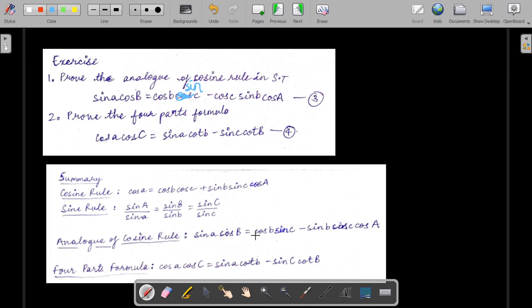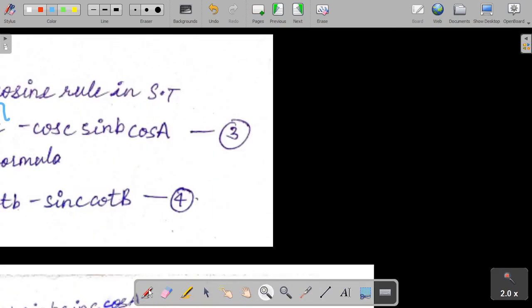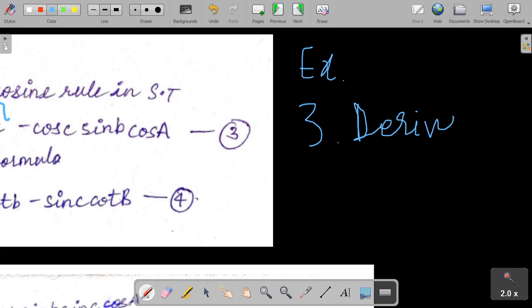And another exercise which I would like to add: derive the previous section on your own.